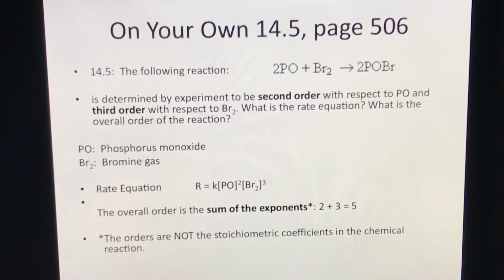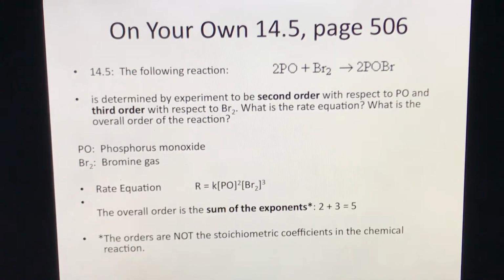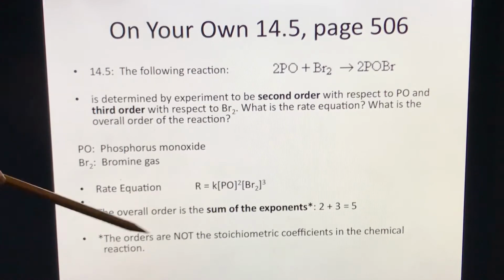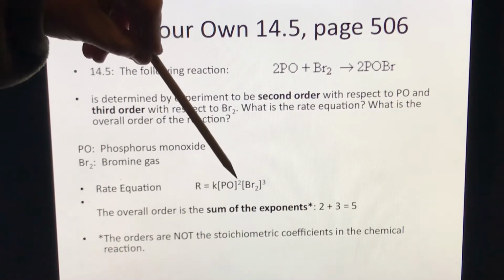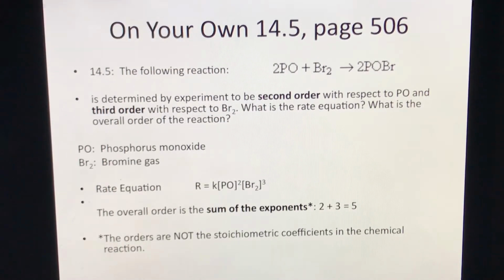So the overall order is the sum of those exponents, which is just 2 plus 3, or 5. And then the book points out that the orders are not the same as the stoichiometric coefficients, which are here. Rather, they refer to the exponents for the rate equation.